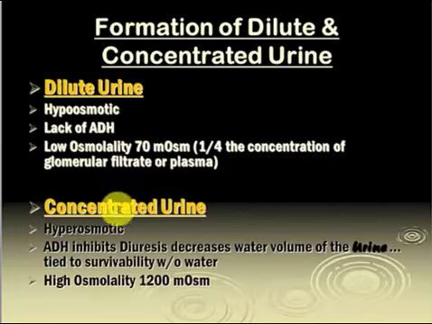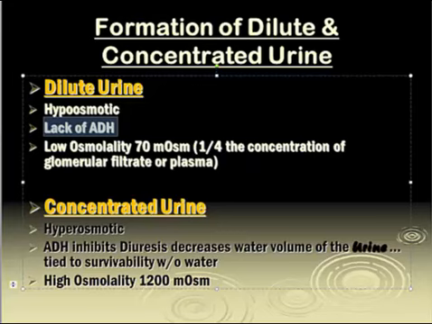And what that means is we have a urine that is hypoosmotic, or contains a lot of water and very little solute load, while the concentrated urine is referred to as hyperosmotic and contains a heavy load of solutes. Notice the primary hormone in both cases is ADH. When ADH is lacking, we form a dilute urine. We pass more of that filtrate, essentially. Remember, the purpose of ADH was to reabsorb water from the filtrate.